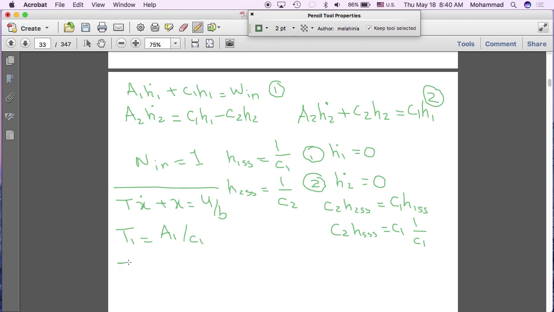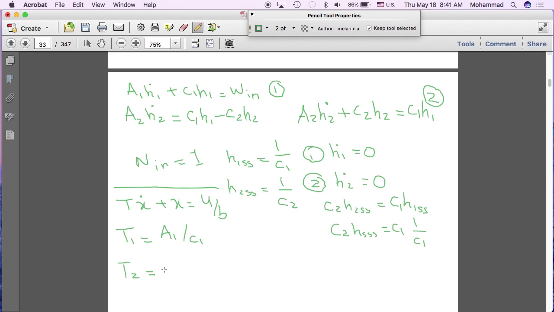What is the time constant of the second tank? This basically tells you how quickly H2 changes. The first time constant told you how quickly H1 changed, because the first differential equation captures how H1 changes with time. The second equation captures how H2 changes with time. So the time constant we find also tells you how quickly H2 changes.